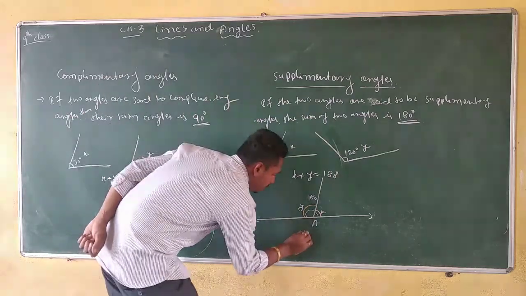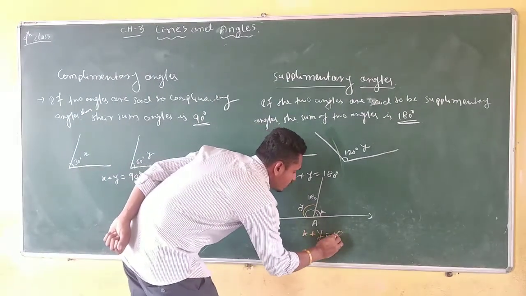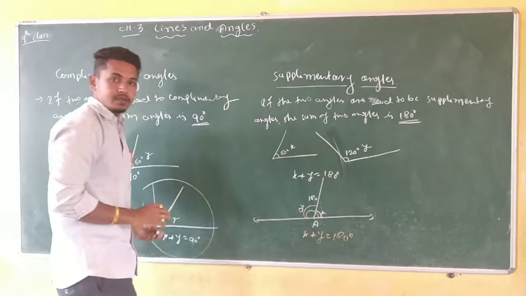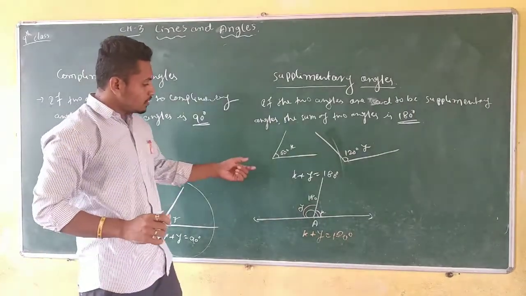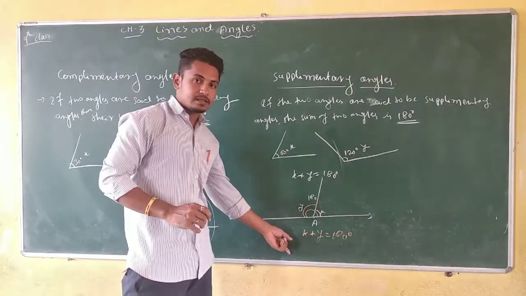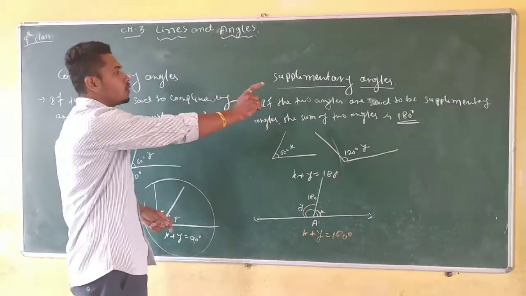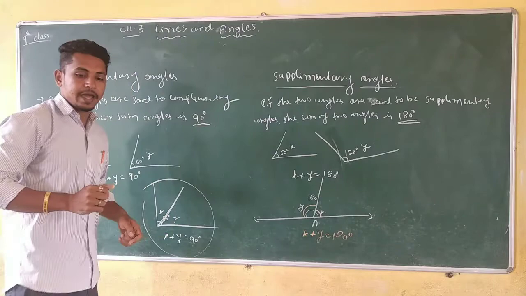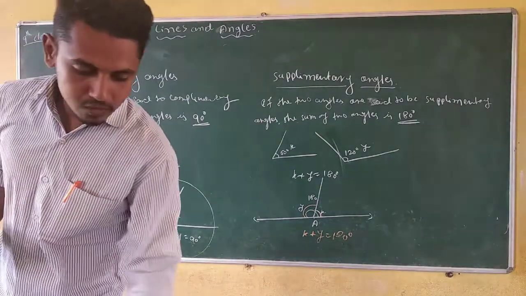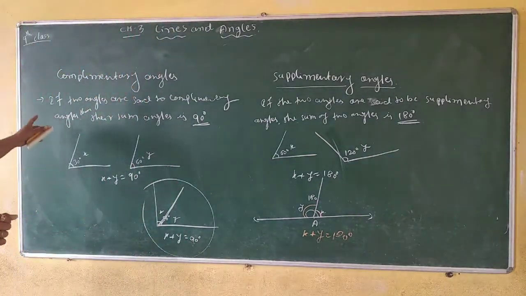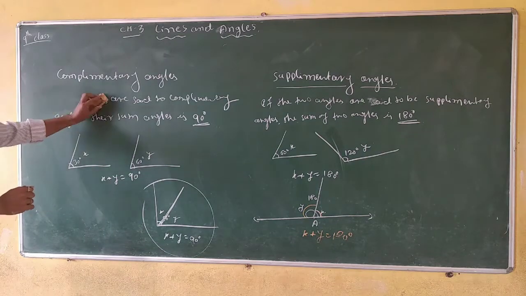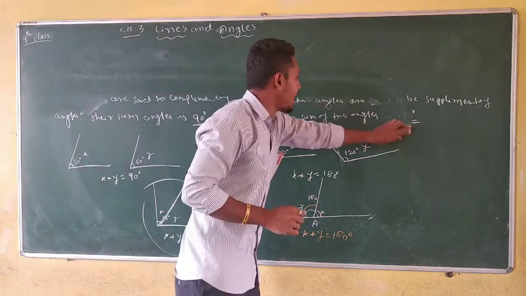Then x plus y is equal to 180 degrees. So when the sum of two angles is 180 degrees, these two angles are known as supplementary angles. Please note down these definitions, and now move towards the next types of angles.